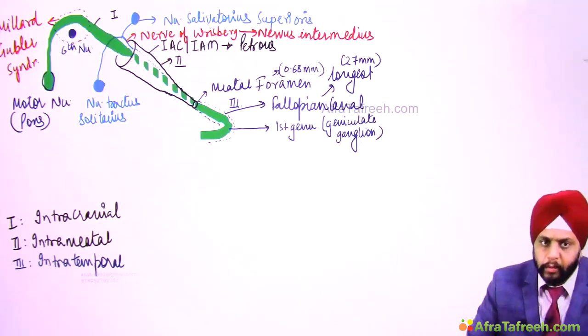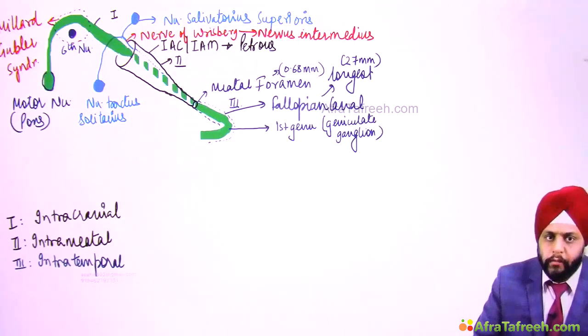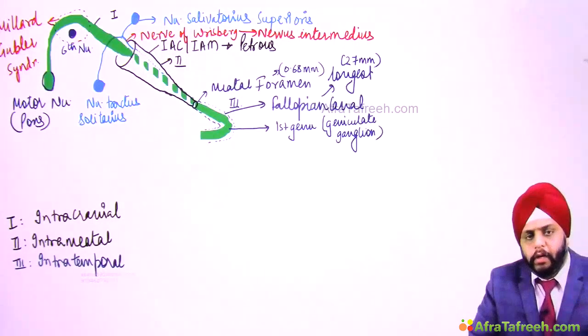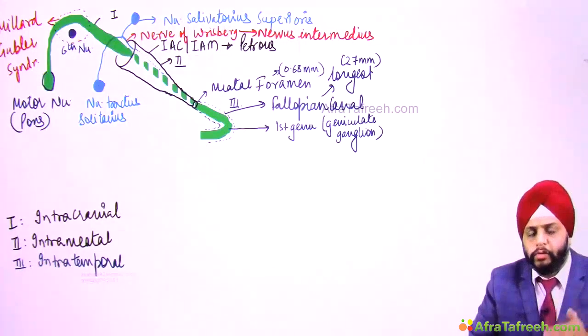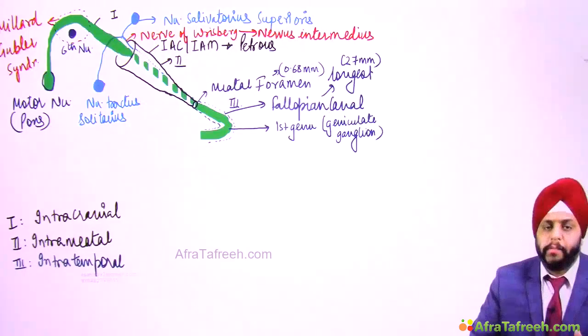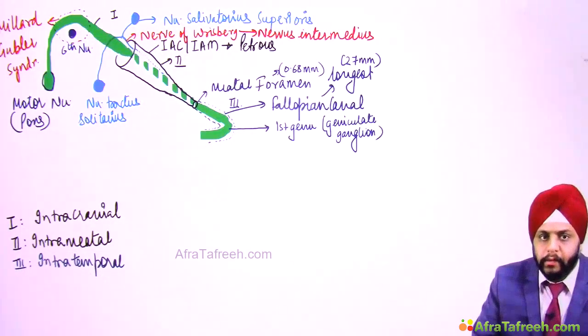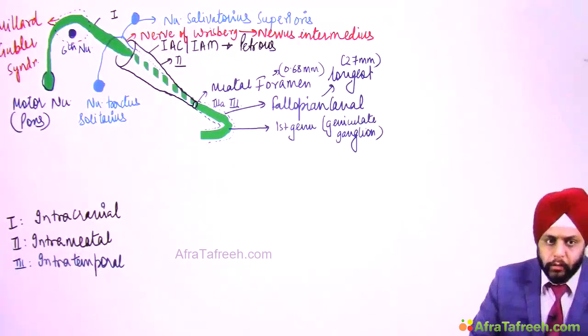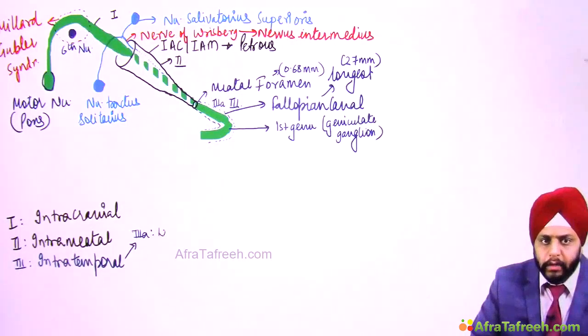Now the facial nerve takes a sharp turn. This part of the facial nerve, which is between the meatal foramen and the first genu, the geniculate ganglion, is now named segment 3A. Segment 3A is the labyrinthine segment of facial nerve.